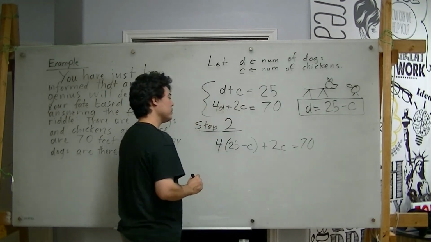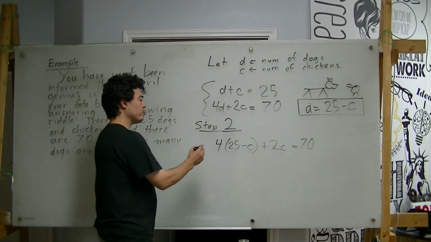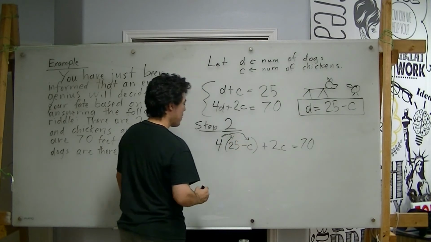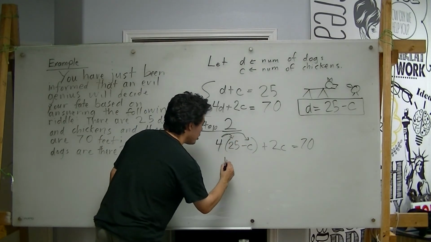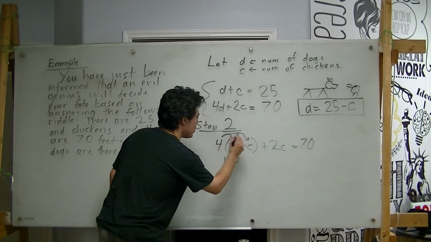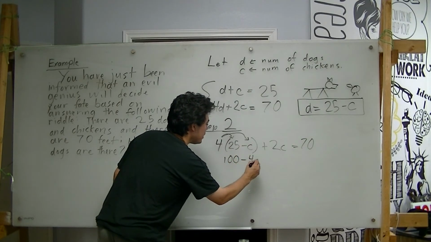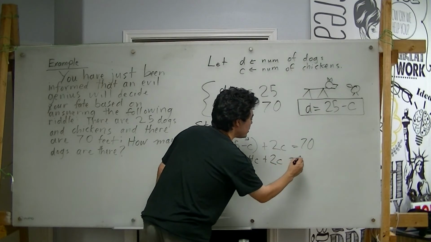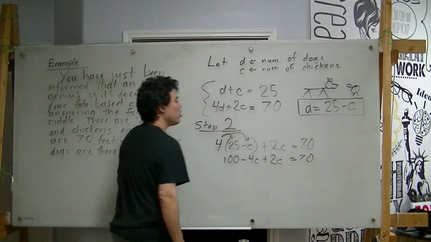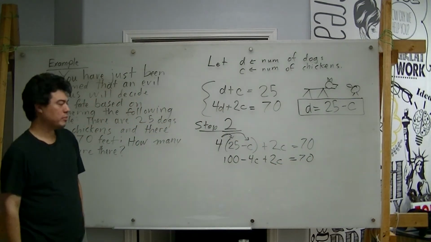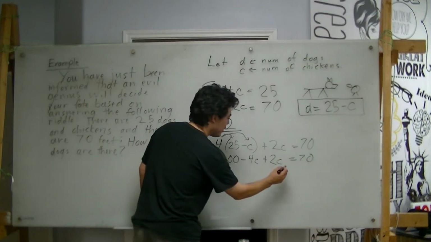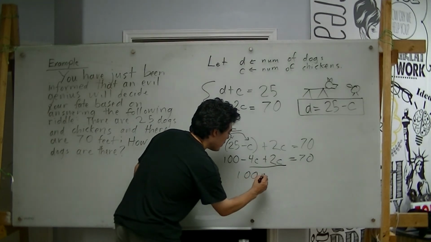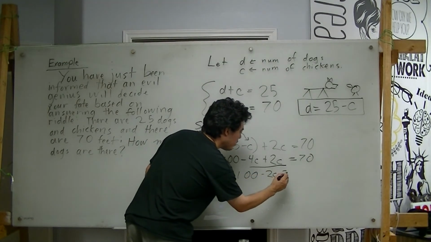Okay? So now we're going to distribute this in here like this. See? Okay? So 4 times 25 is 100. 4 times negative C is minus 4C plus 2C equals 70. We now combine like terms, this negative 4C and this plus 2C, to give us 100 minus 2C equals 70.